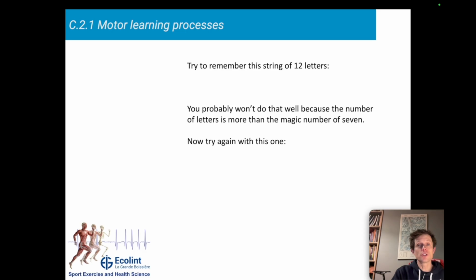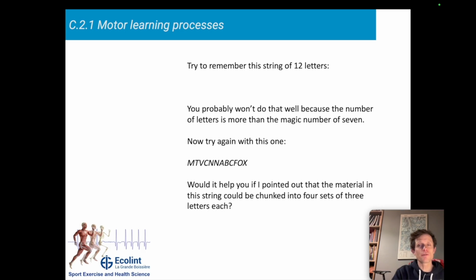Now what I'd like you to do is try again with this string of 12 letters. Now I'd like you to repeat the letters that you've just seen. Still finding it difficult? Have a look again, and would it help if I pointed out that we can chunk this up into 4 sets of 3 letters?